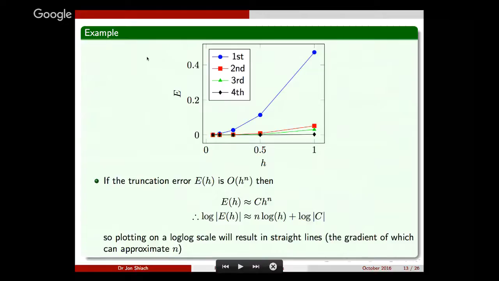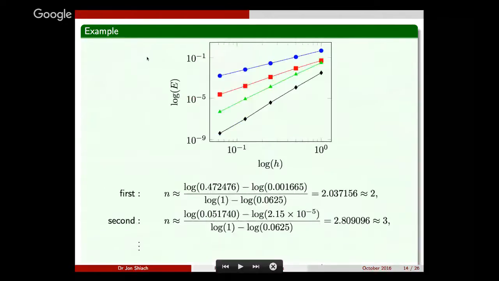You could also plot it on a log-log scale. You all know about log-log scales? In MATLAB there's a log-log command. I don't think there's one in Excel. What this does is turn the scale of your plot into a log scale, so each of these is times 10 to some power different, and also on the vertical axis.